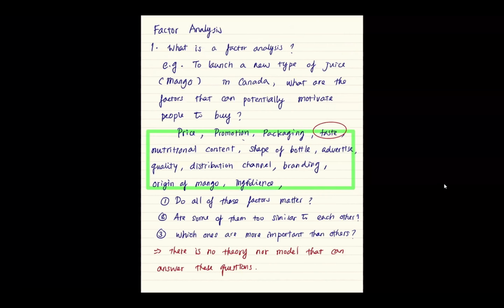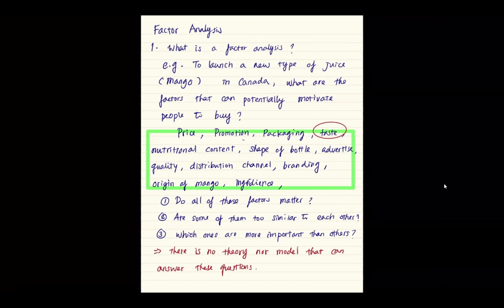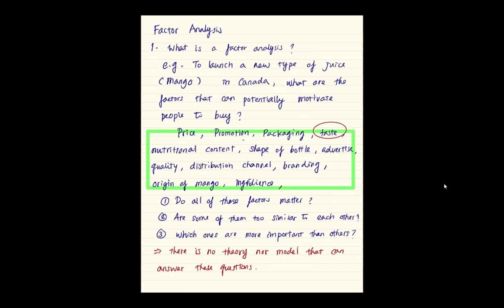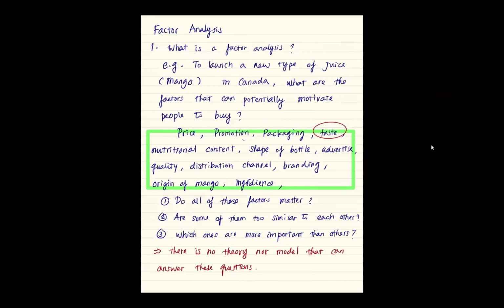So when we look at our factors, some of them we may think are too similar and we want to combine them. Some of them we might want to delete or remove from our list because we want to know whether they really need to be there. Are they that important?